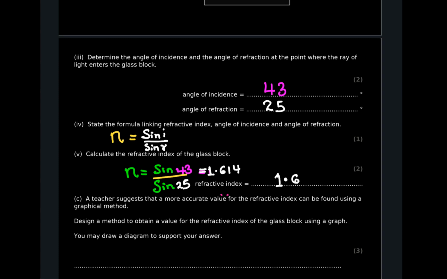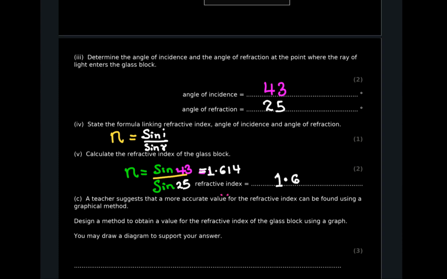So if you want to get a more accurate value, you need to do more measurements. You measure more angles of incidence, and then you measure corresponding angles of refraction. So you see, when you have more angles, accuracy is going to be guaranteed.